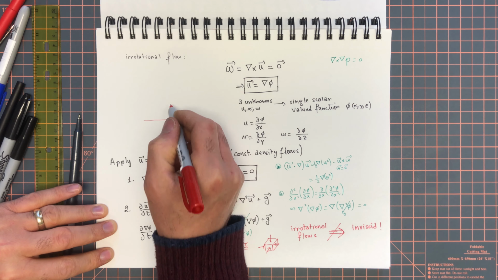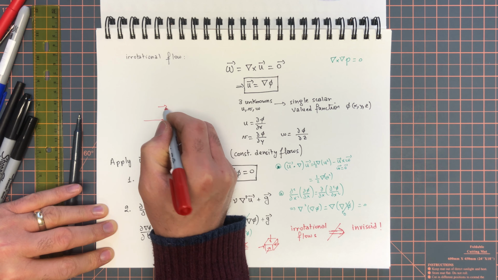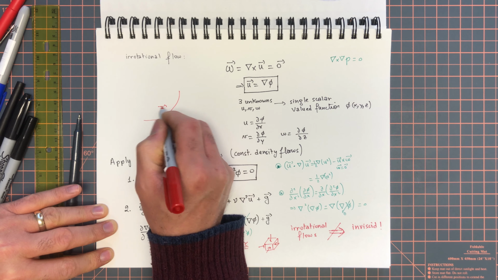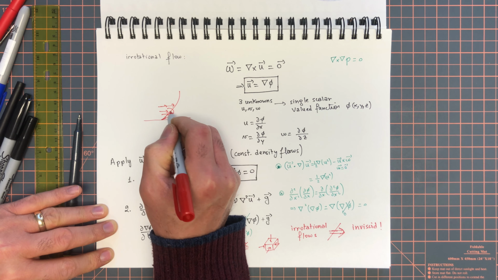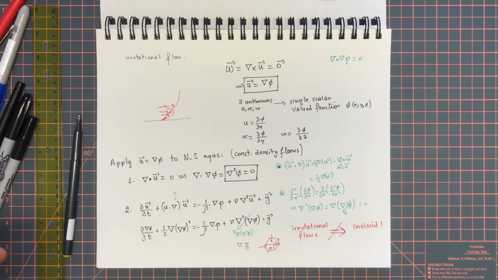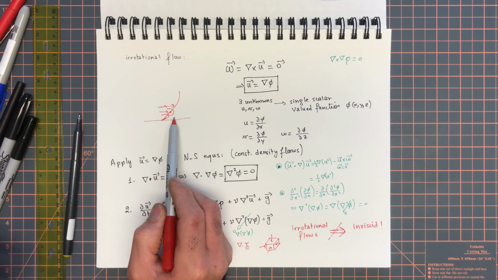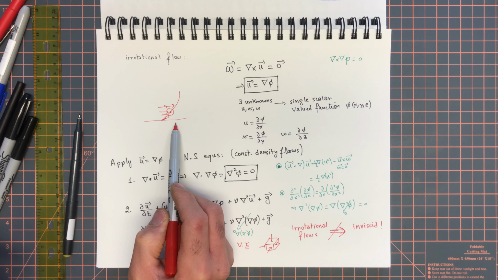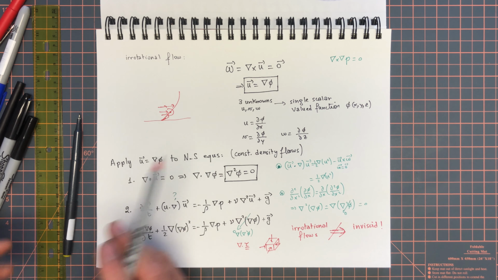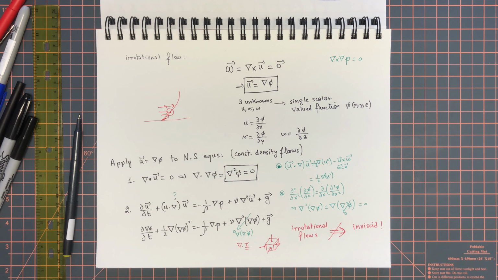So close to a boundary, the velocity is going to go to zero, but then everywhere else it's something different, and that produces rotation. And indeed, we're not claiming that we want to use an irrotational flow assumption near a solid boundary. That's completely unacceptable. You can't do that. But for regions away from solid boundaries, you can very fairly use the irrotational flow approximation.